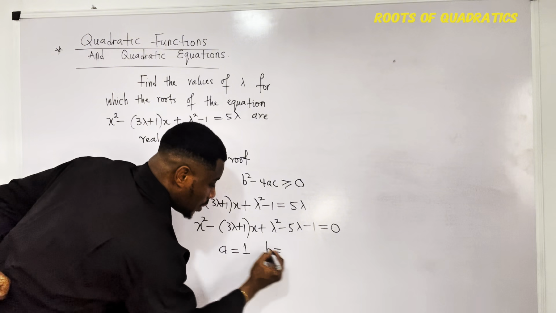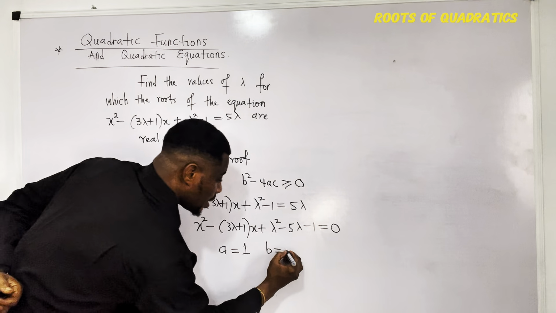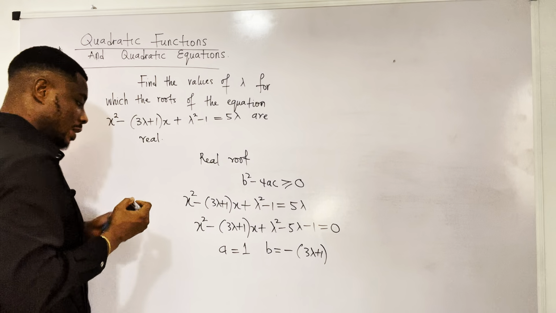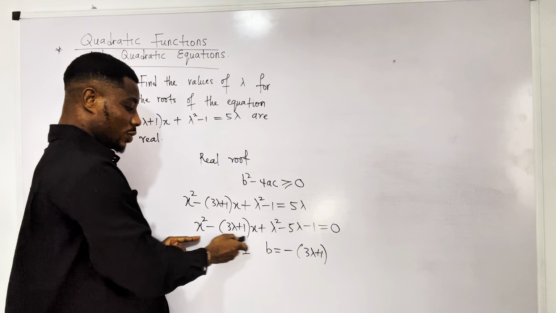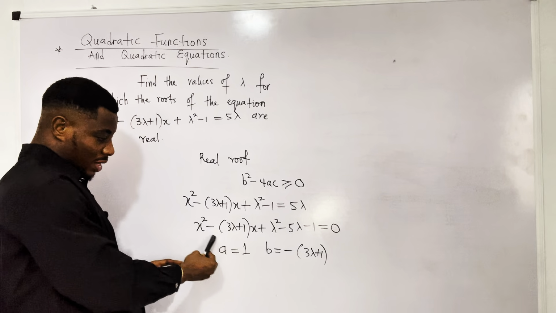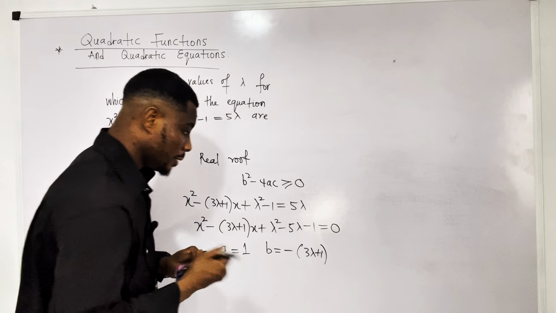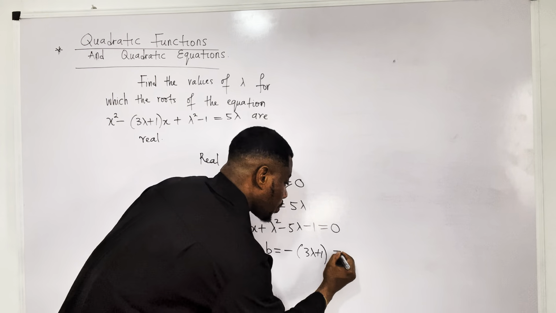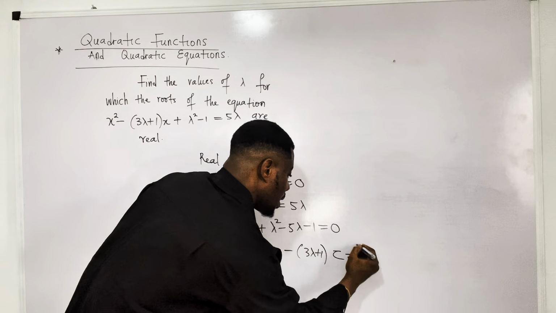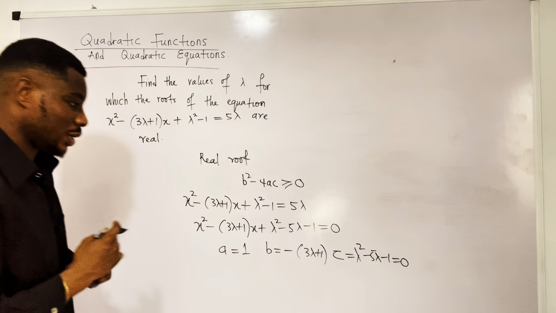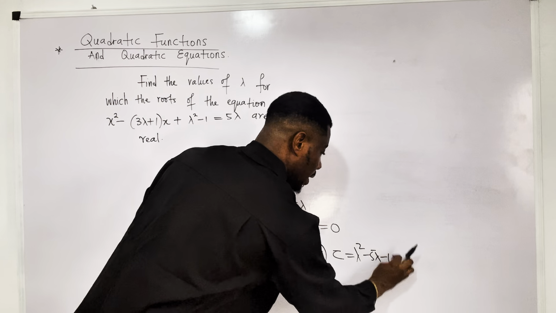Our B is negative (3 lambda plus 1). Do not make the mistake of saying that B is just this. Remember that B is everything attached to the sign, everything. Then your C is lambda squared minus 5 lambda minus 1. We don't need to put equal to 0 there again.